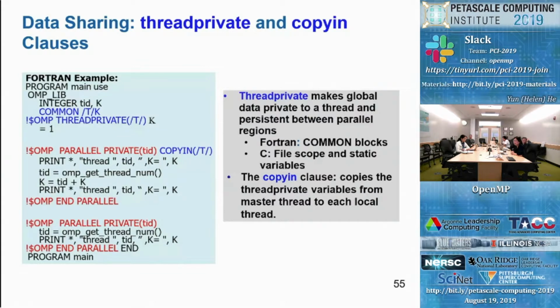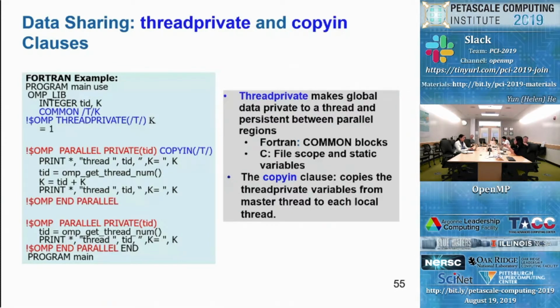Threadprivate is especially helpful for global module variables or the global common blocks used in Fortran. It works for C as well, but it is especially helpful for Fortran users. You define variables in the common blocks, and the common blocks are used by multiple program subroutines in different parallel regions.